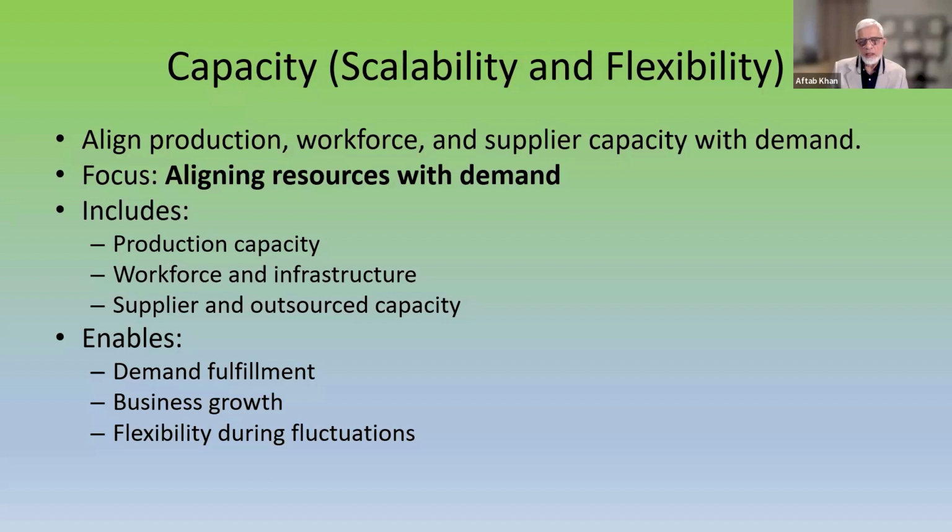Capacity is workforce, infrastructure, locations, and also supplier and outsourced capacity. Supplier can be part of your capacity, right? You buy raw materials, and you can have some operations done at the supplier's place before they come to you. You can have quality arrangements such that you don't have to re-inspect them when you receive them. And you can have multi-echelon inventory, where you are using inventory and not paying for it until it comes to the sale part or the manufacturing part.